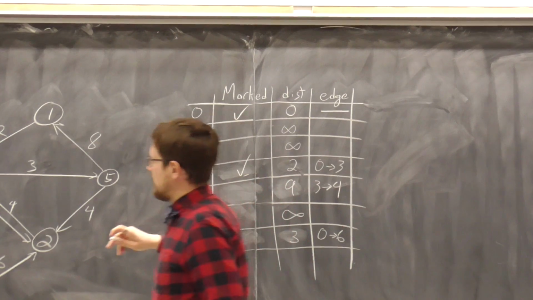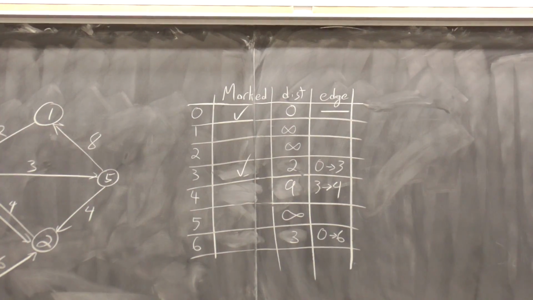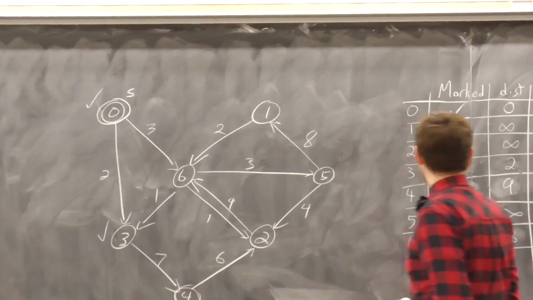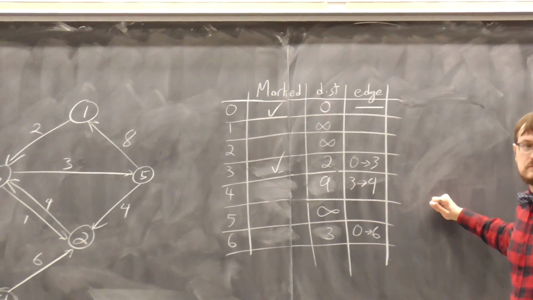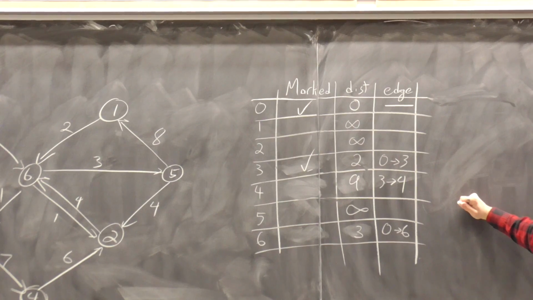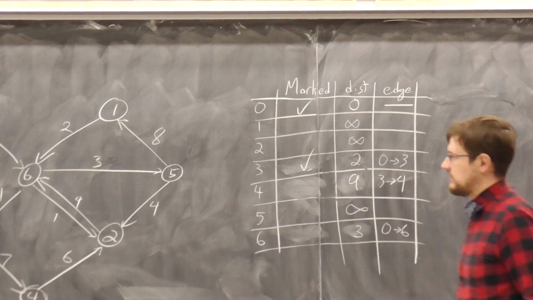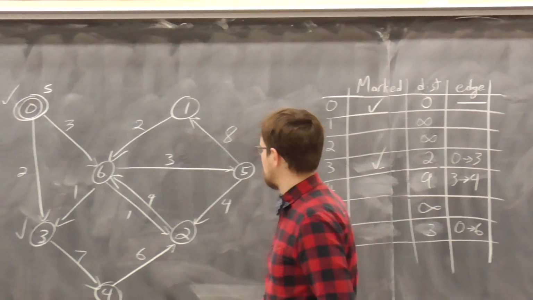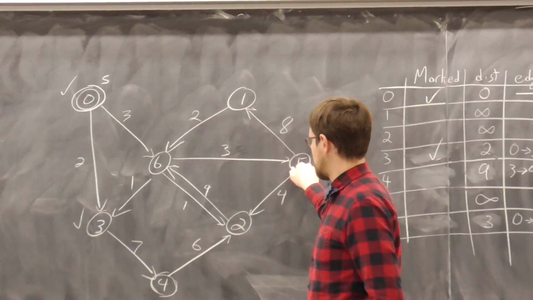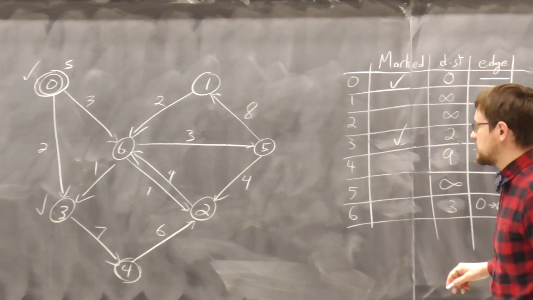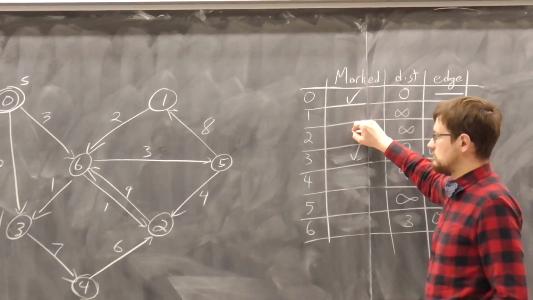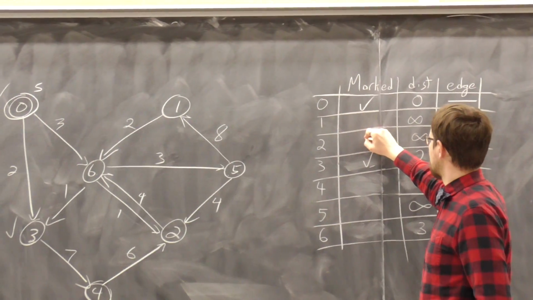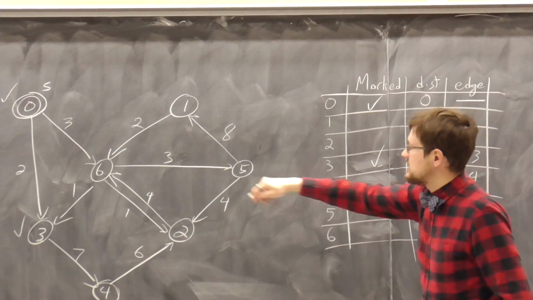But anyway, we've done this one. So what's our shortest path of unmarked things? 6, because it's 3. What's adjacent? We've got 2 and 5. Let's do 2 first. The distance from 6 to 2 is 1.